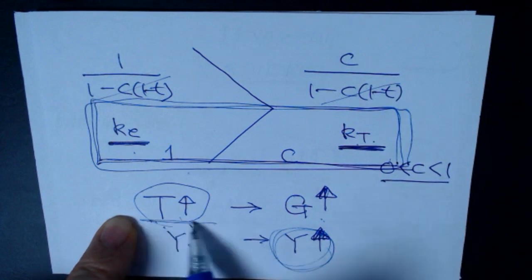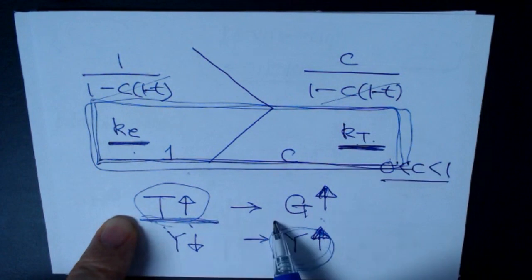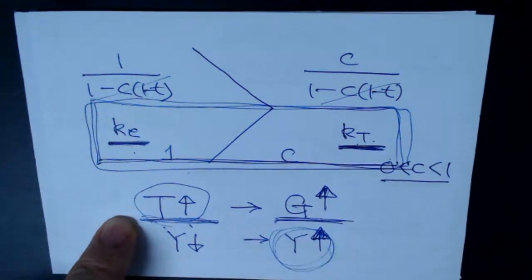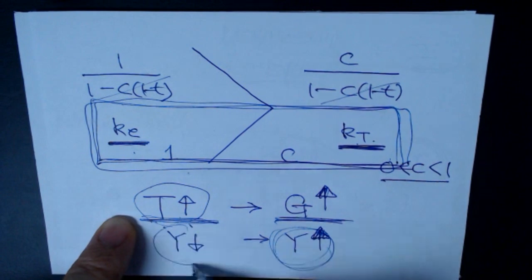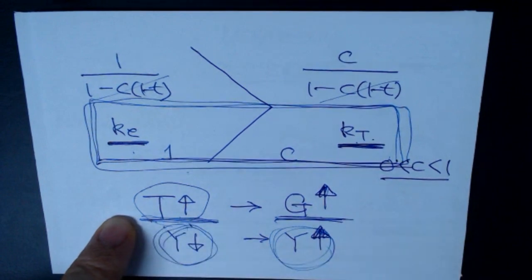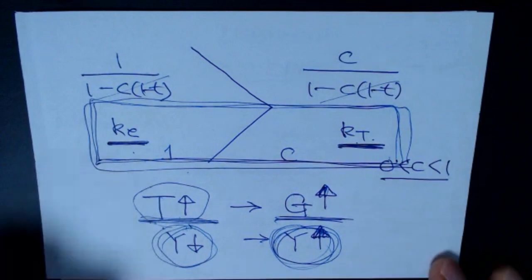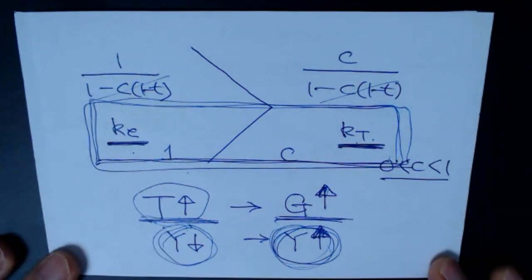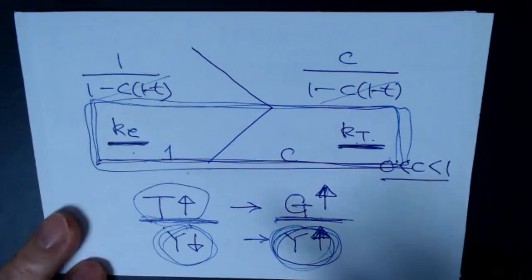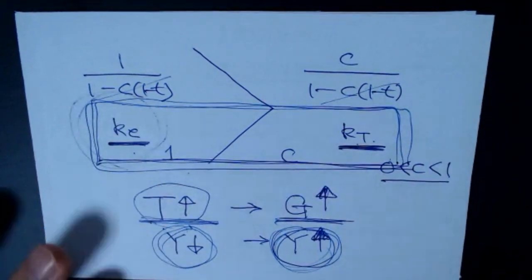One side is tax collection, the other side is expenditure. As a result, output is likely to decrease, but at the same time, output is likely to increase. So please remember that.